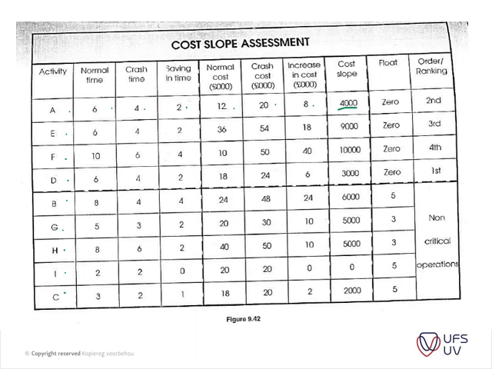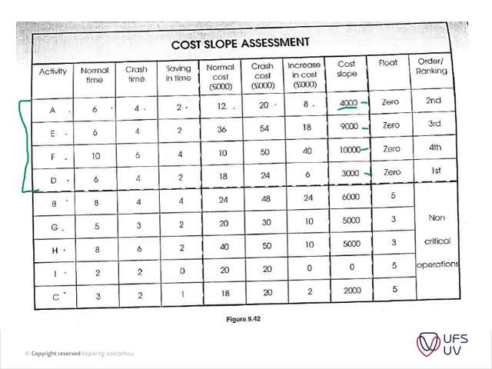So what they've done is they've put the critical path here, the items, and then they rank their critical path items accordingly. So A, E, F, and D are basically listed there, and then they rank them according to the cost slope.